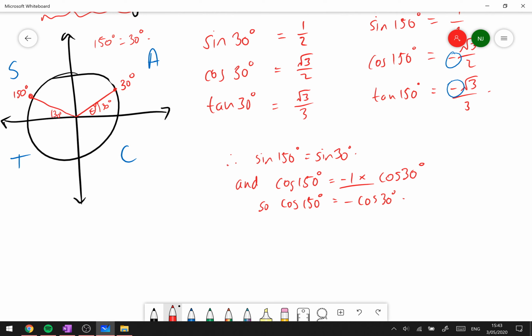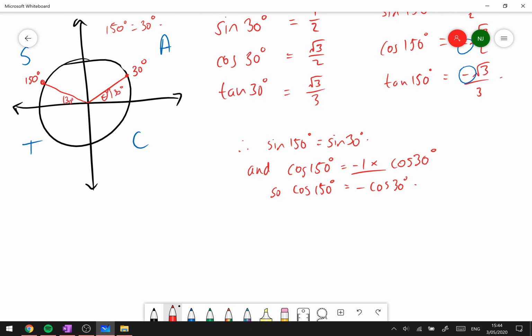So why this is useful is because we already know what the exact values are of cos of 30 degrees, cos of 45 degrees, cos of 60 degrees. But we can now work out what cos of 150 degrees is, cos of 135, and cos of, I want to say, 120.